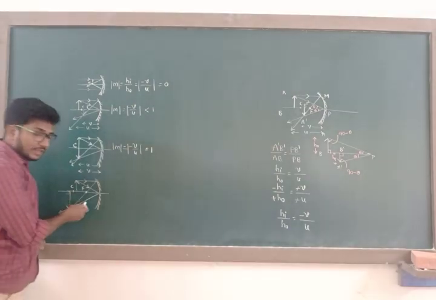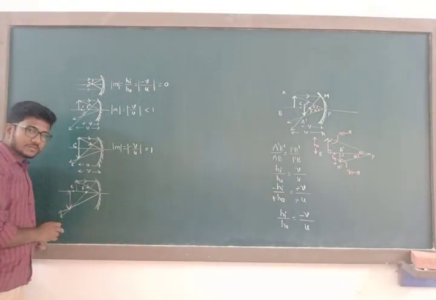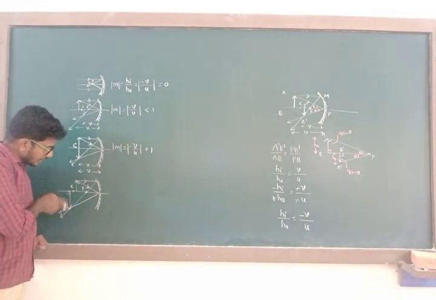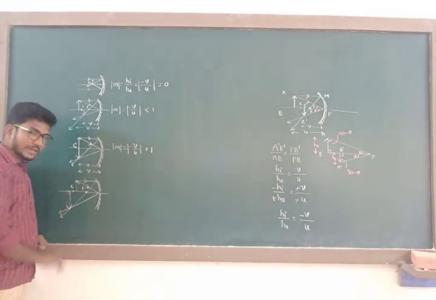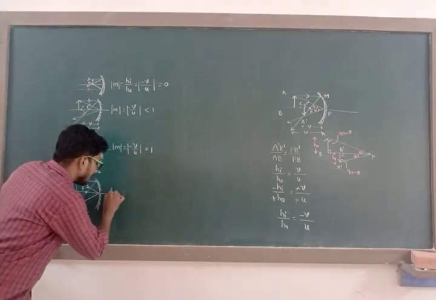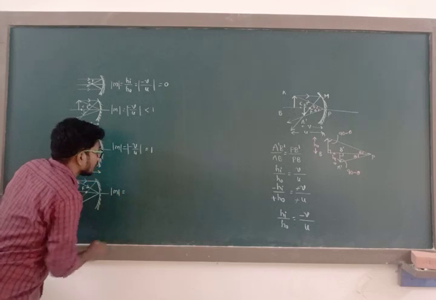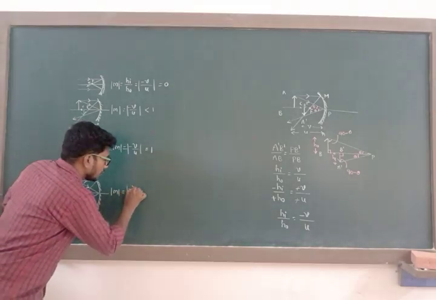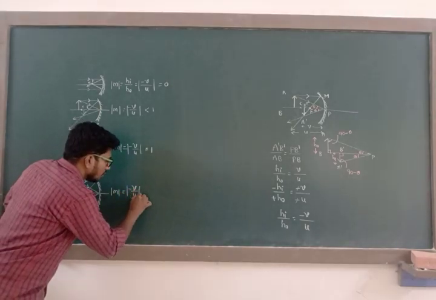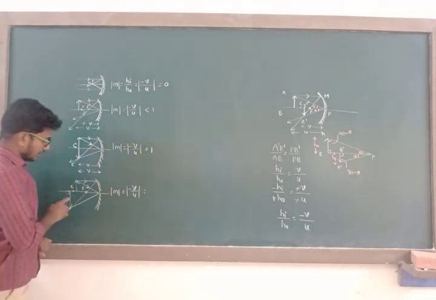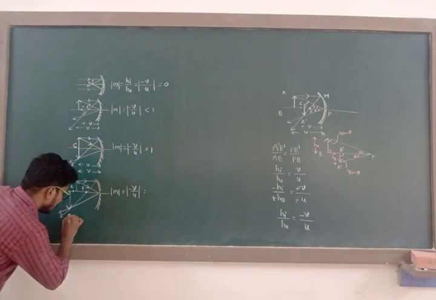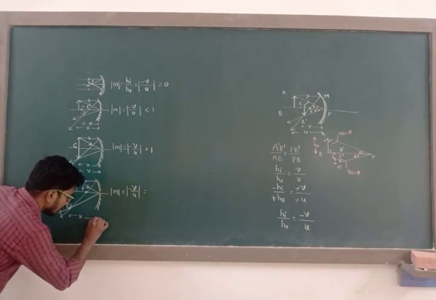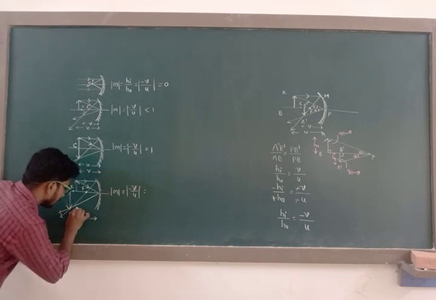Then the image lies beyond the center of curvature, and the nature of this image is real, inverted and magnified. Linear magnification is equal to minus v divided by u. Here v is greater than u.